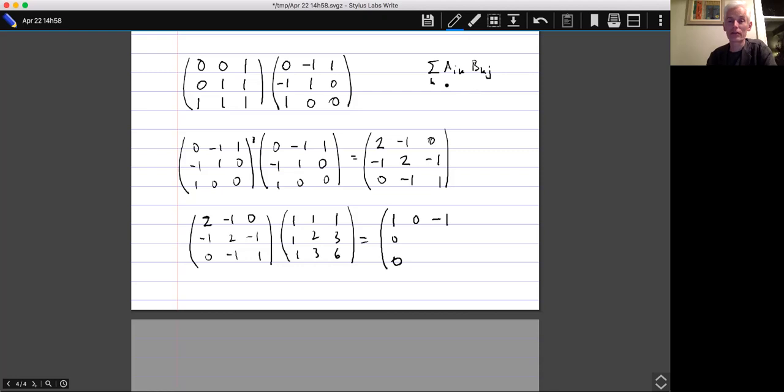Yeah, okay, I think I've been doing something a little bit silly. Equals sigma over K of B_JK A_KI. Yeah, I don't see why it should equal.